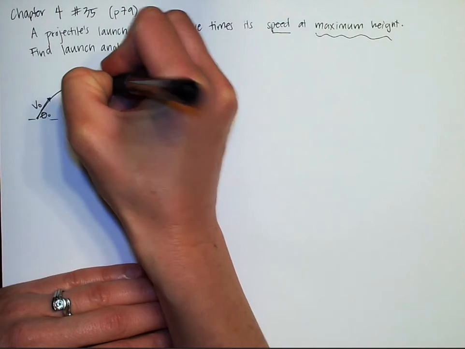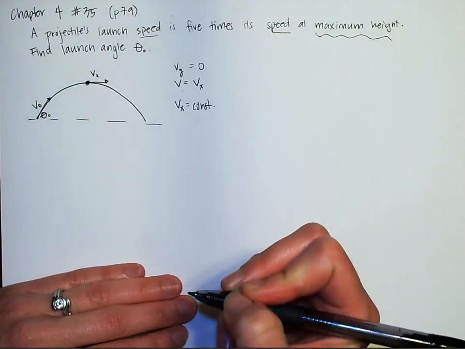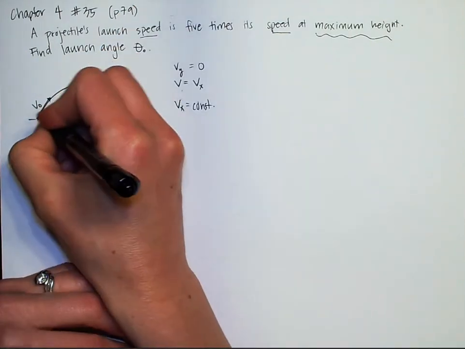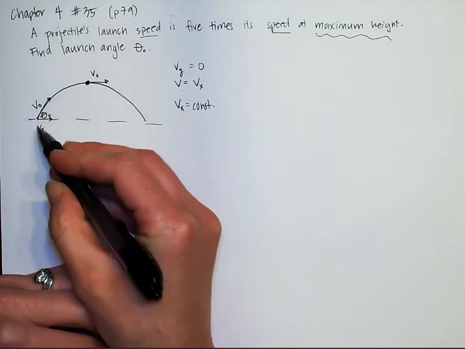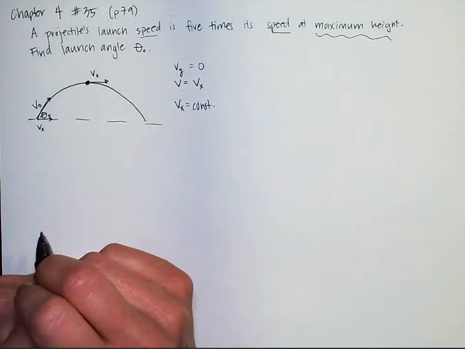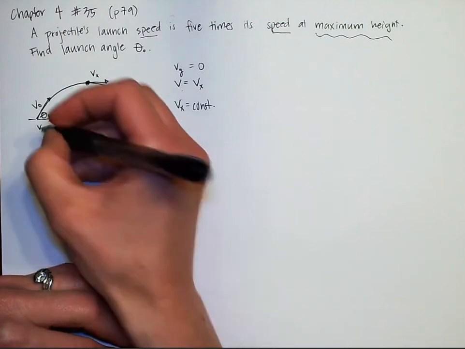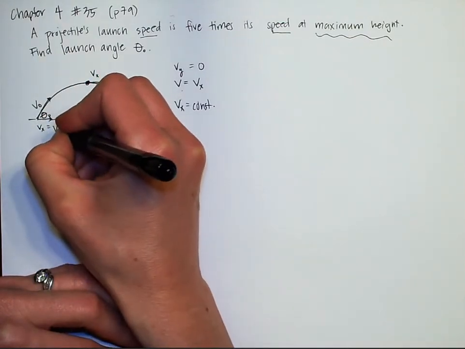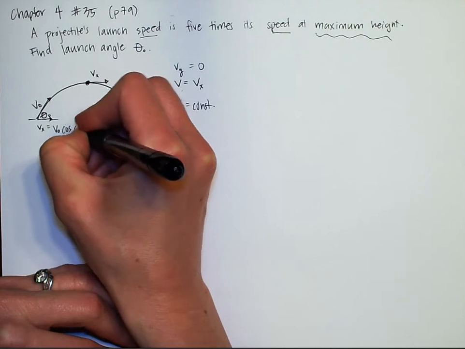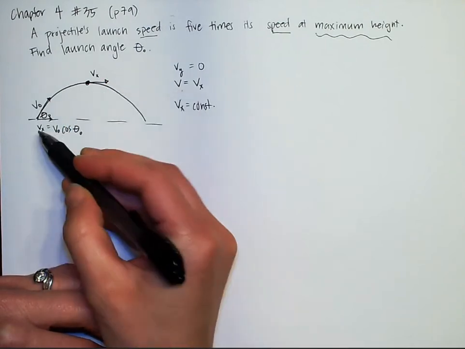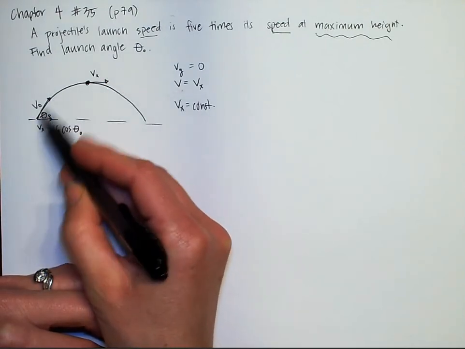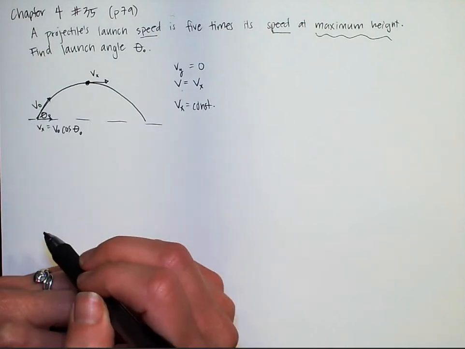So right here, we have Vx, which is the same thing as a component of our initial velocity right here. And so now we can put this in terms of theta, because we know that Vx equals V naught cosine theta naught, because it's the x component of our hypotenuse, or that velocity right there.